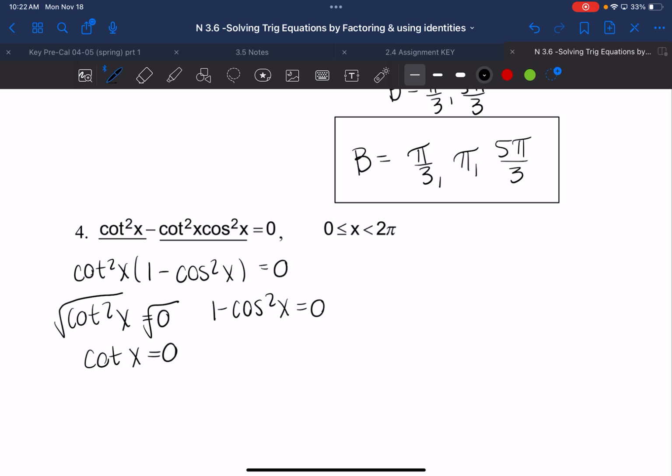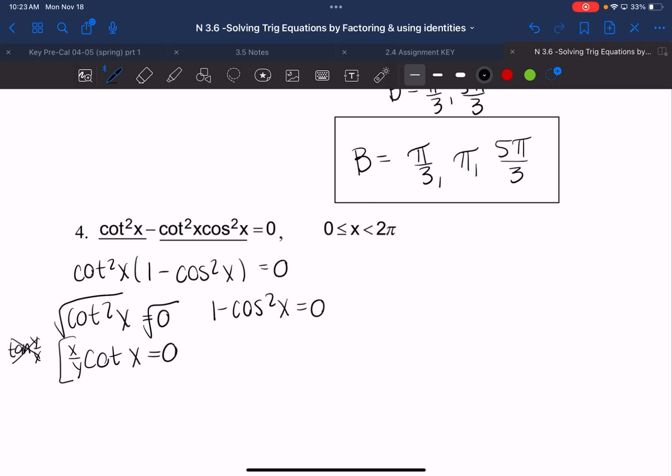Okay, now cotangent is the reciprocal of tangent. So this would be x over y because tangent is y over x, right? Okay, so I don't need that part. This is what we're looking at. Am I allowed to have 0 in the bottom of a fraction?